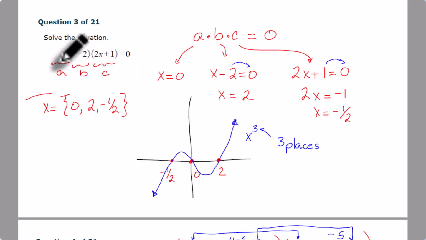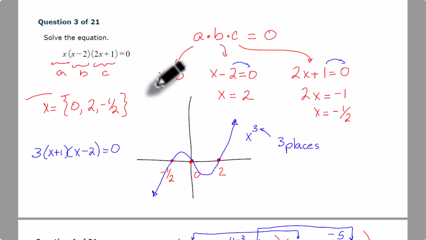Now, this thing in the front, let's talk about it just for a moment. If my problem looked like 3x plus 1, x minus 2 equals 0, you might say, well, you've got 3 pieces again, and you're going to set each piece to 0. Well, no. You see here, that's a variable.